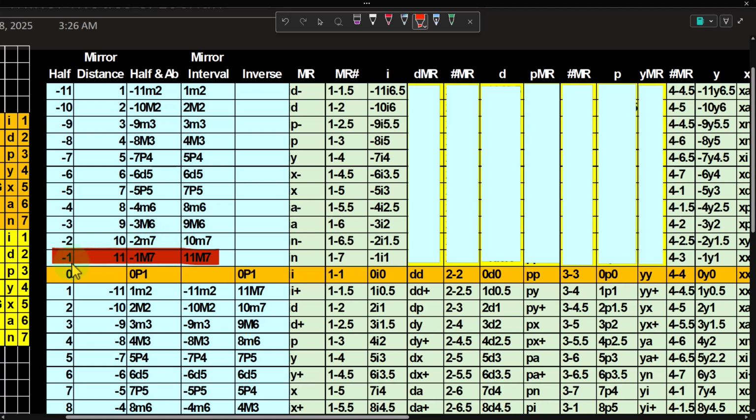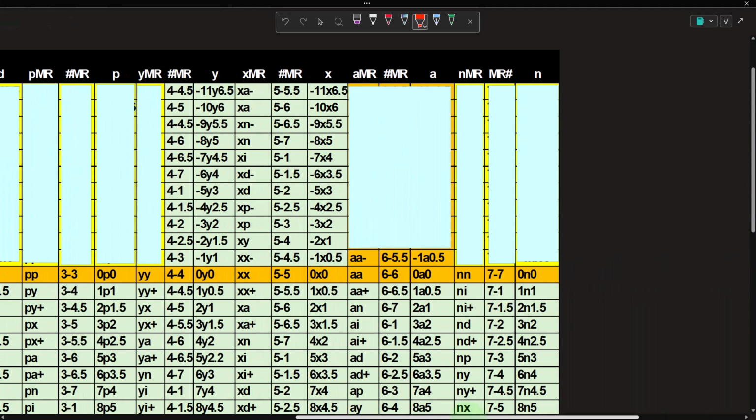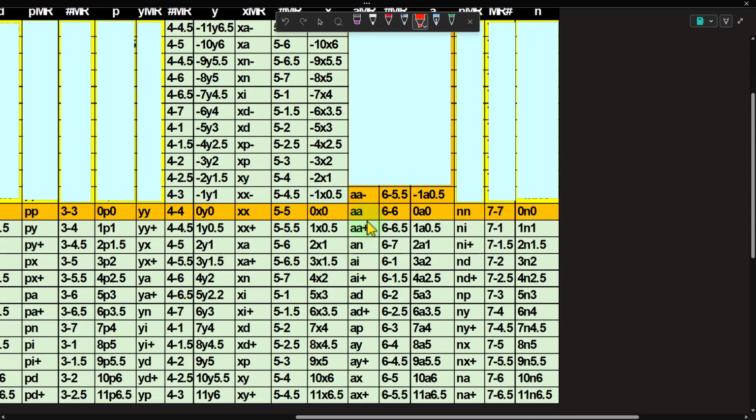So if I go backwards 1, I have to say 12 minus 1 would be 11 forward. 11 forward, I just have to know is a major 7. Therefore, a major 7 could be 11 forward or 1 backwards. But I'd rather say it's an A to an A negative, which is a 6 to a 5.5 modal range from a Nashville number system.